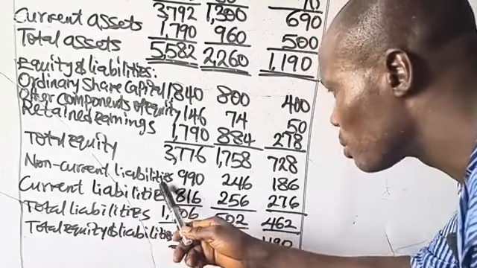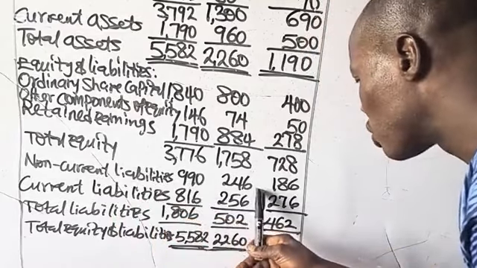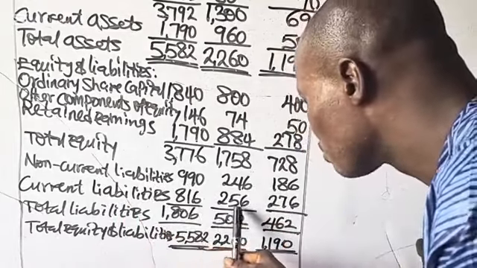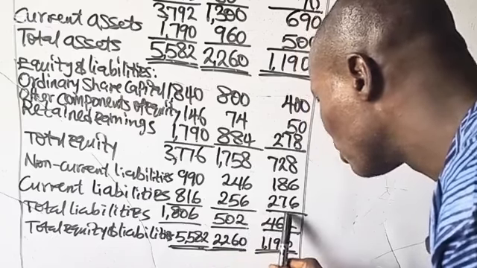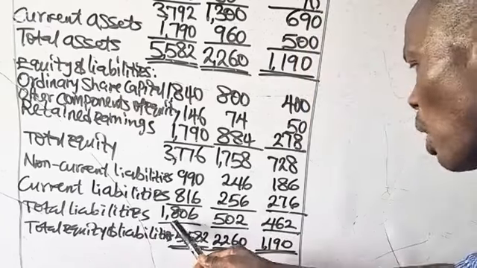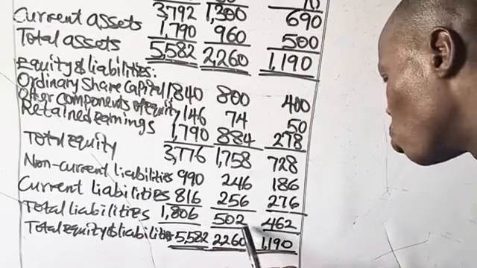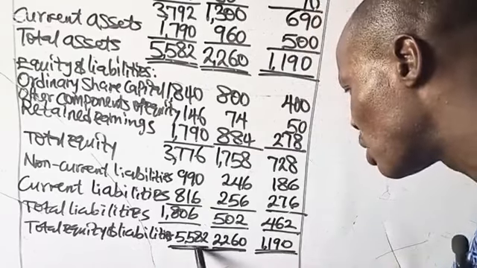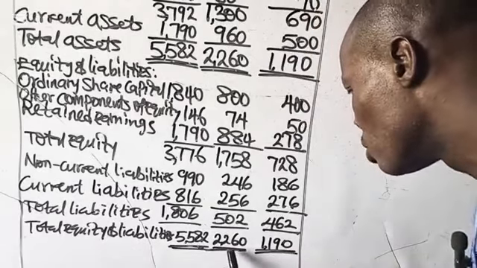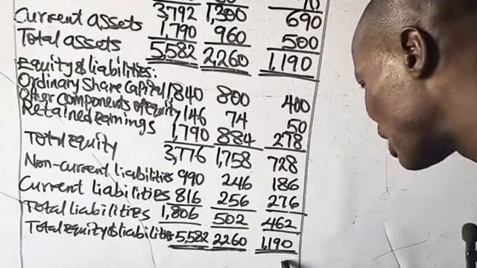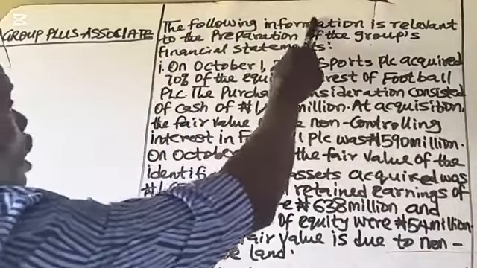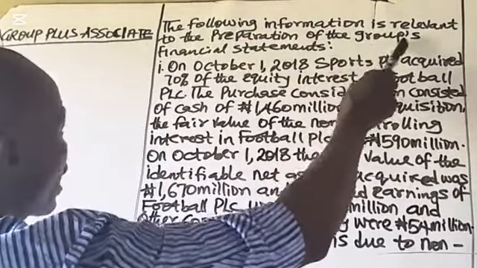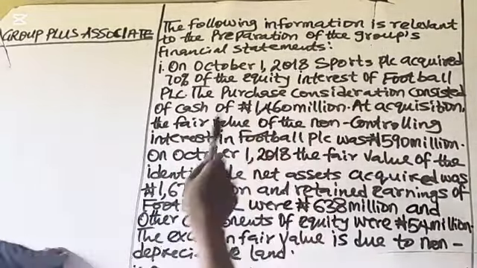Non-current liabilities: 990, 246, and 186. Current liabilities: 816, 256, and 276. Total liabilities: 1,806, 502, and 462. Total equity and liabilities: 5,582, 2,260, and 1,190. The following information is relevant to the preparation of the group's financial statements.